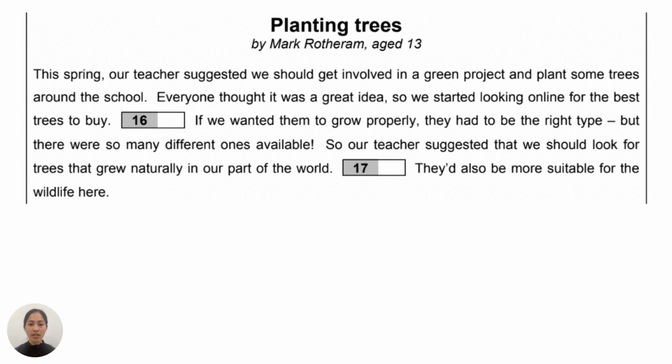Our teacher suggested that we should look for trees that grew naturally in our part of the world. They'd also be more suitable for wildlife here. So it's talking about trees that could be grown locally. Let's look for a sentence that talks about trees that could grow locally.